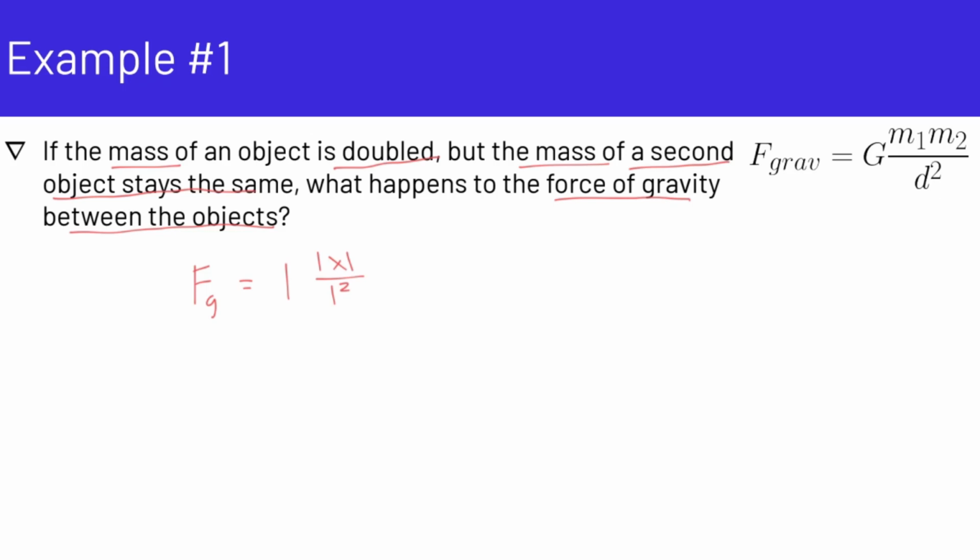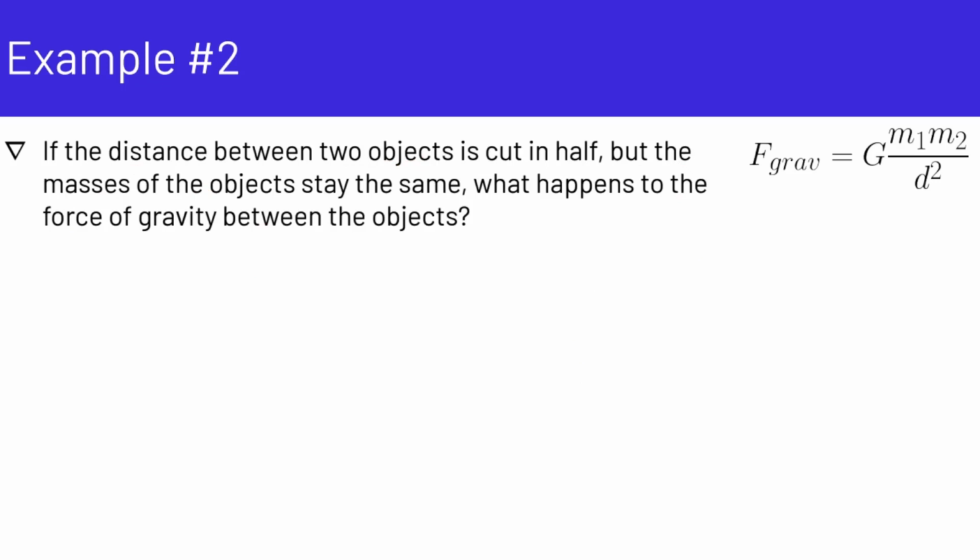Okay, now we want to say that one of the masses is doubled, the second mass stays the same, and then the force of gravity and the distance between them stays the same. So we say force of gravity is now equal to 1 times 2 times 1 over 1 squared. So that is equal to 2. So since the mass of one object is doubled, the force of gravity is 2 times as big. So the force of gravity is doubled when the mass of one object is doubled.